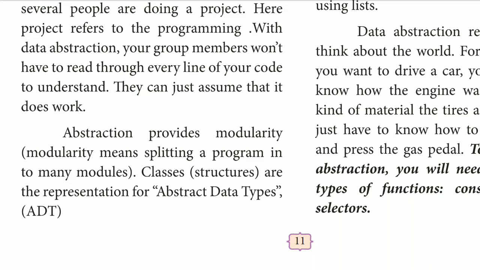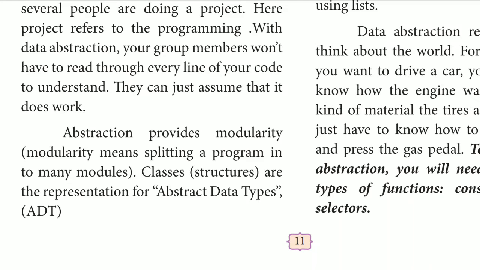So before doing the entire project, they'll do some abstraction. This abstraction will help others to understand your program very quickly. The way they create abstraction is by creating objects of each program.